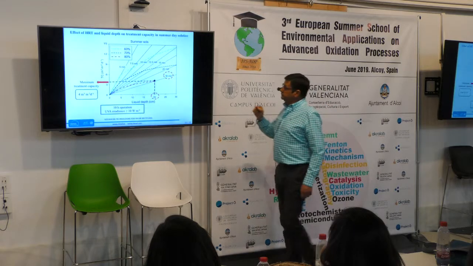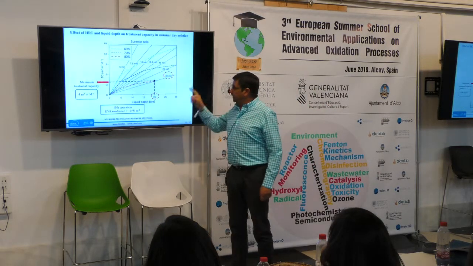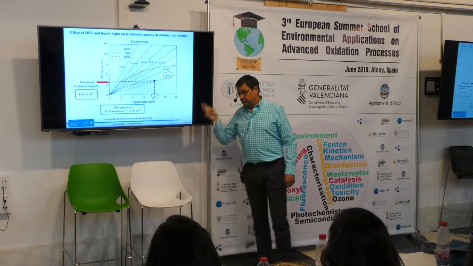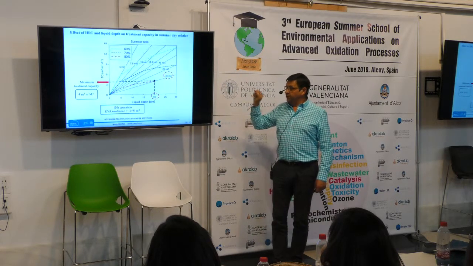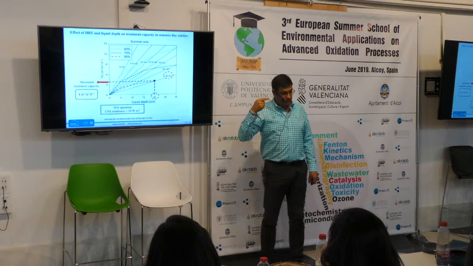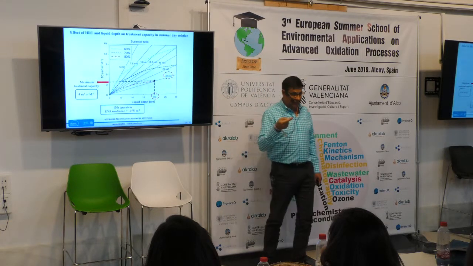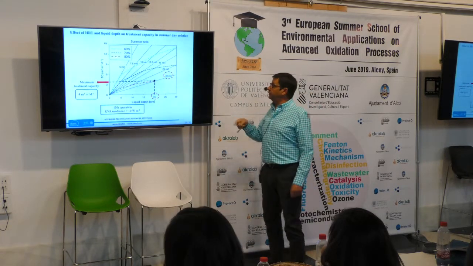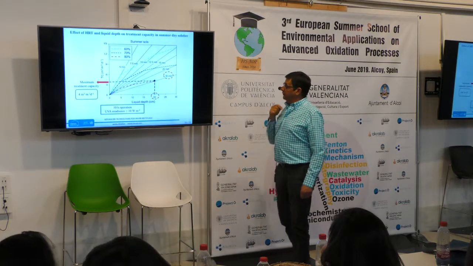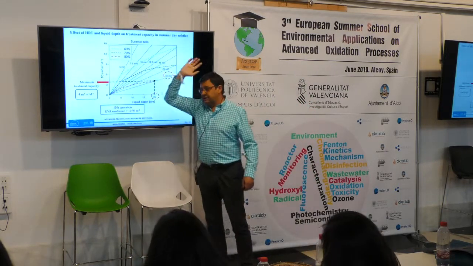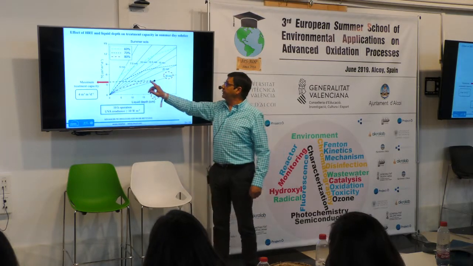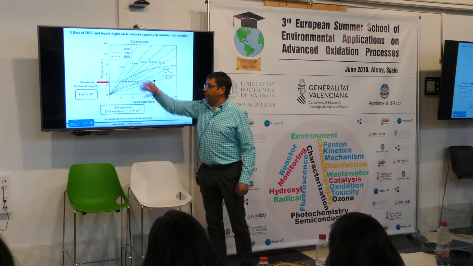And we need to take into account, as we started the presentation, for the design of the reactor, the objective of the treatment. So the objective of the treatment, the removal of the micropollutants, can be 60%, 70% or 80% of the present micropollutants.